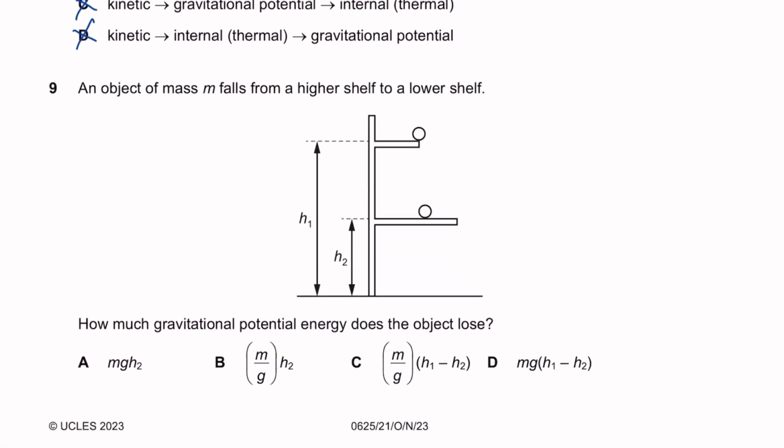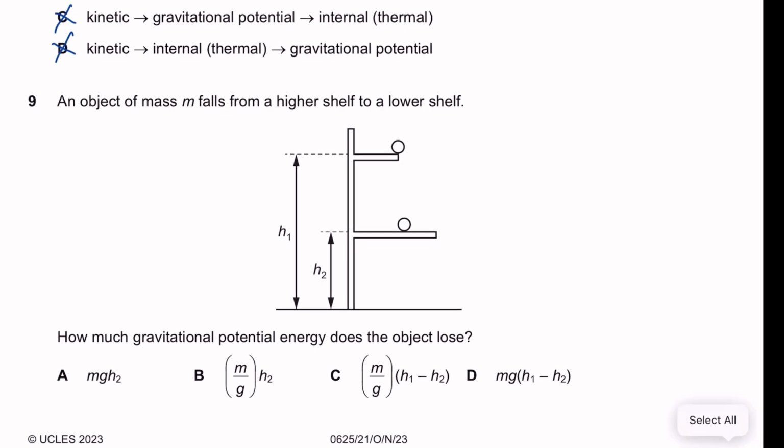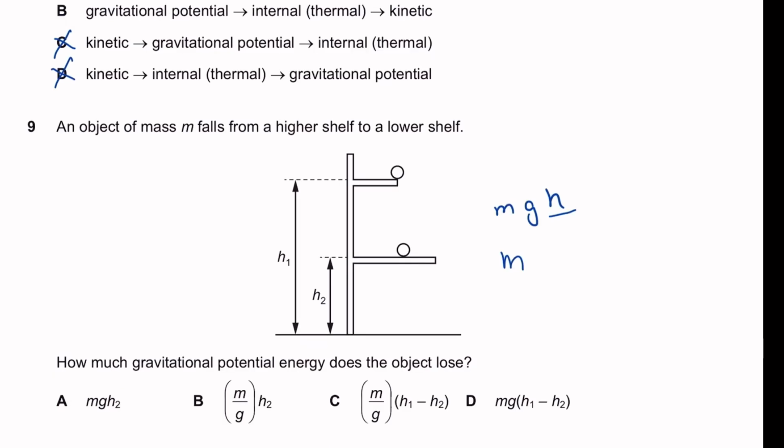Question 9. An object of mass m falls from a higher shelf to a lower shelf. How much gravitational potential energy does the object lose? So we know the formula of gravitational potential energy, which is mgh. m is mass, g is gravitational field strength, and since mass and gravity are constant, the only thing that is changing is the height.